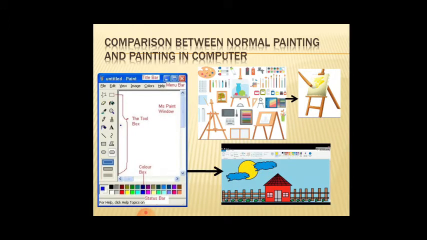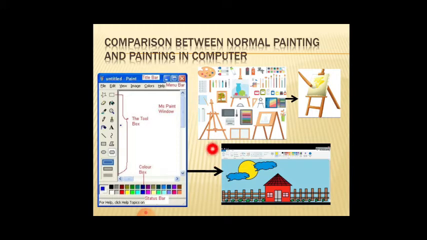So this is a comparison between normal painting and painting in the computer. In normal painting, you get all the tools like painting brushes, colors, painting tubes, you have a stand, you can take the color palette and do the coloring. Similarly, in the computer also we have some tools here.